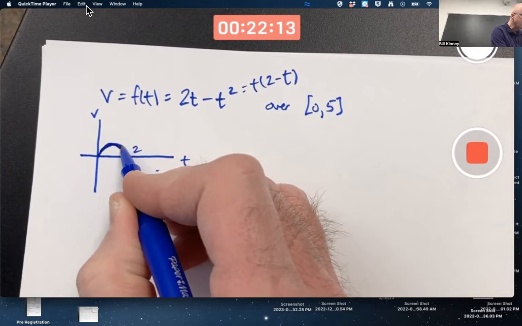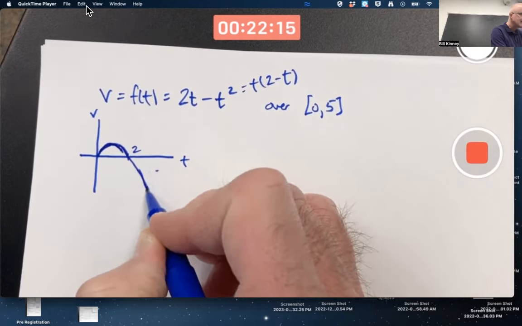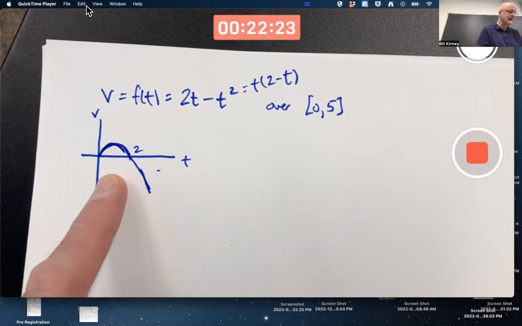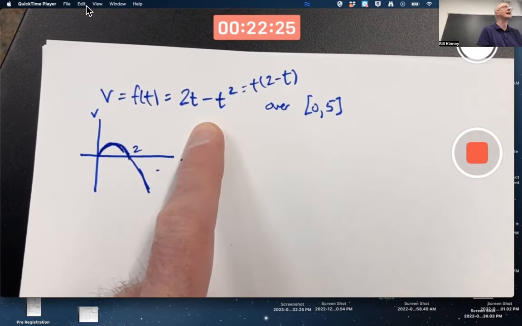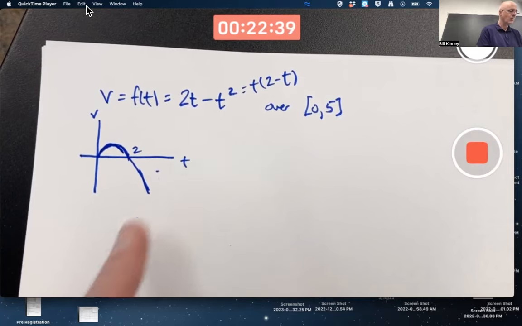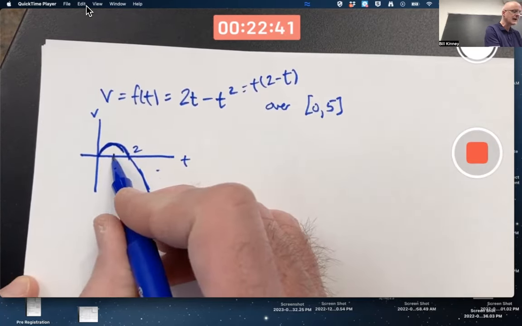And in fact, if you differentiated it, yes, you'd be finding acceleration, but you'd also be figuring out where the velocity is maximized. If you differentiate this, you'd get 2 minus 2t. That would be the acceleration. It's not a constant acceleration. 2 minus 2t is 0 when t is 1, excuse me. 1 is where the maximum value of the velocity is.